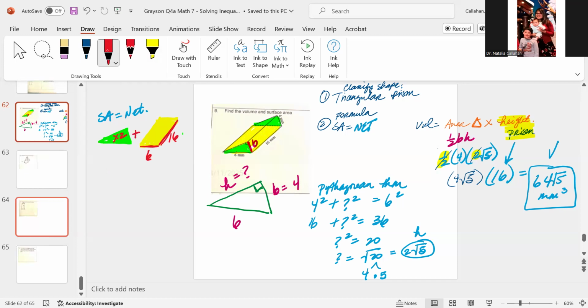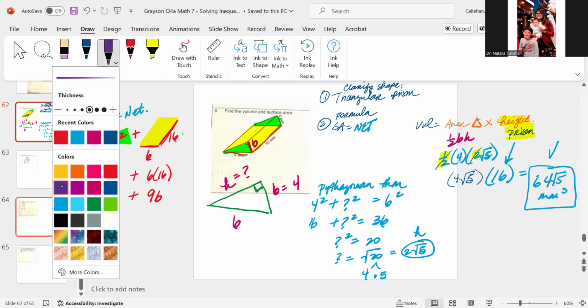Do you see how 6 and 16 is the length and width? So to find the area of that, it's just 6 times 16, right? Which is what? 96. Great.